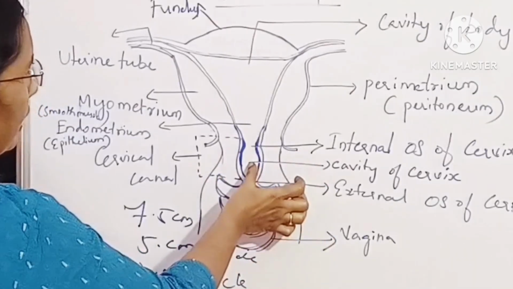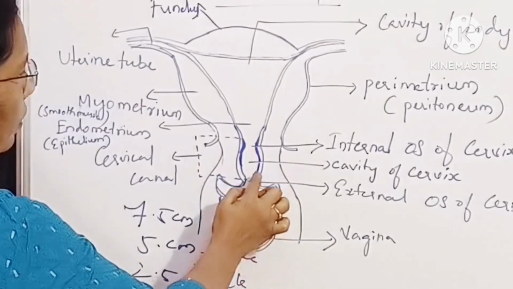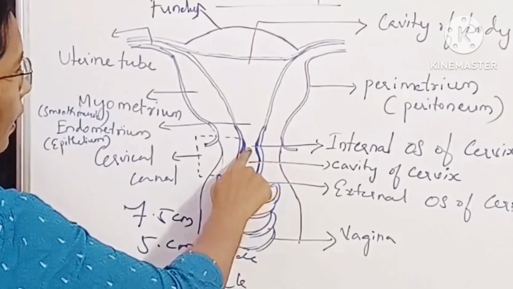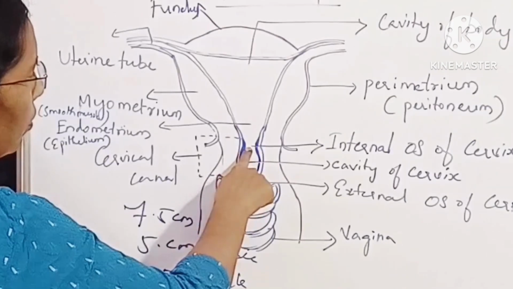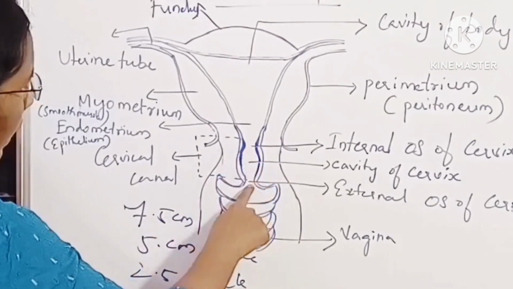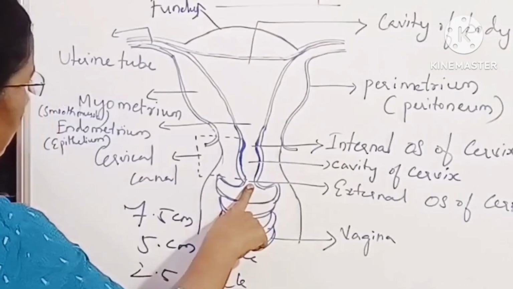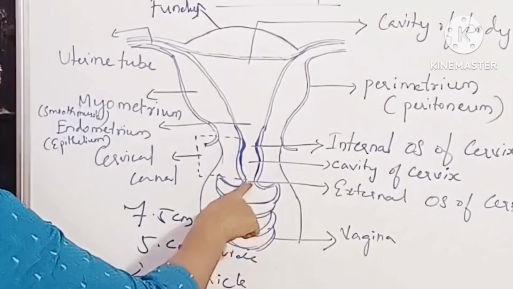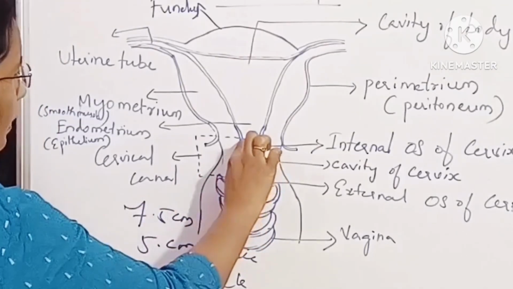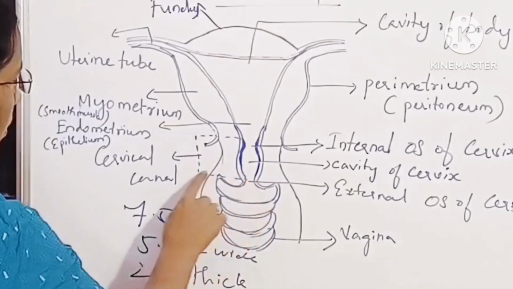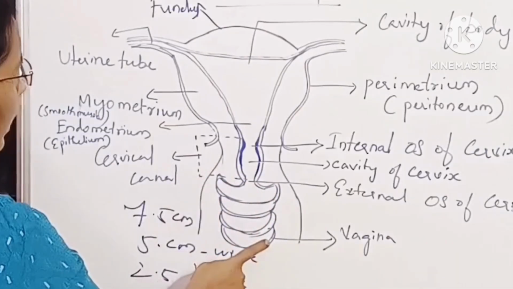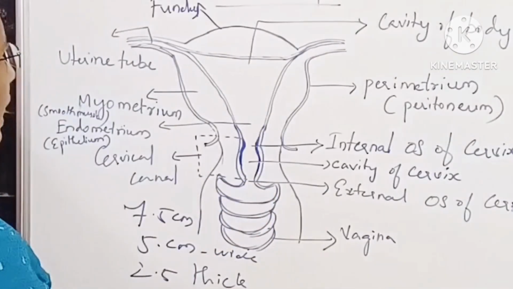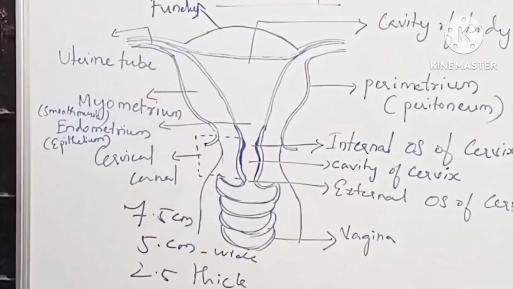This is the cervix, the cavity of the cervix. This is the internal opening of the cervix and the external opening of the cervix. This canal is the cervical canal. This is the vagina.